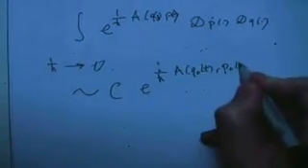And the stationary phase method says that it behaves asymptotically as some constants, I will not write them, times e to the power i over h A of q naught of t, p naught of t, where q naught, p naught of t is exactly the function which delivers the minimum to our action functional.